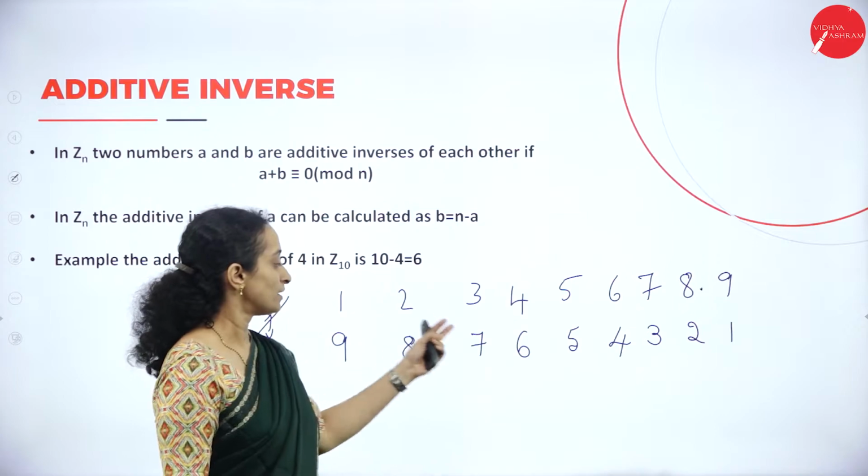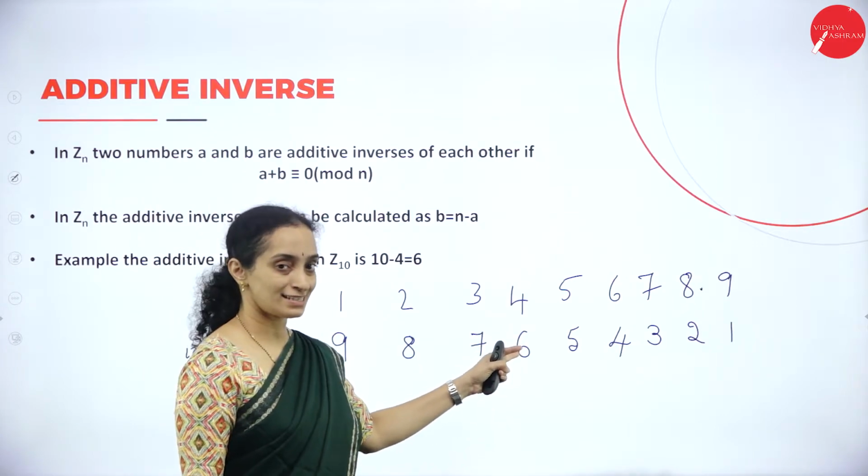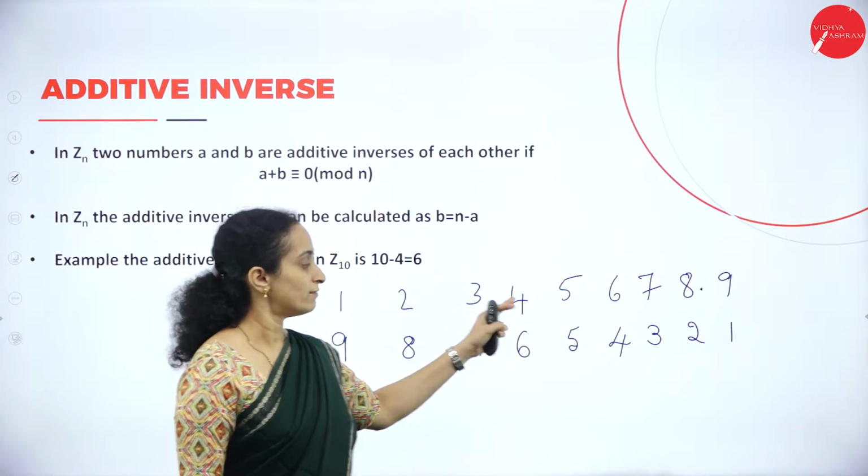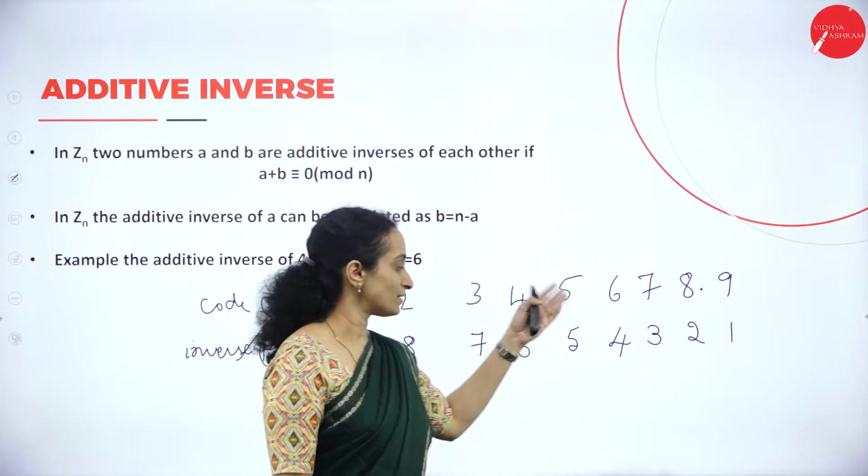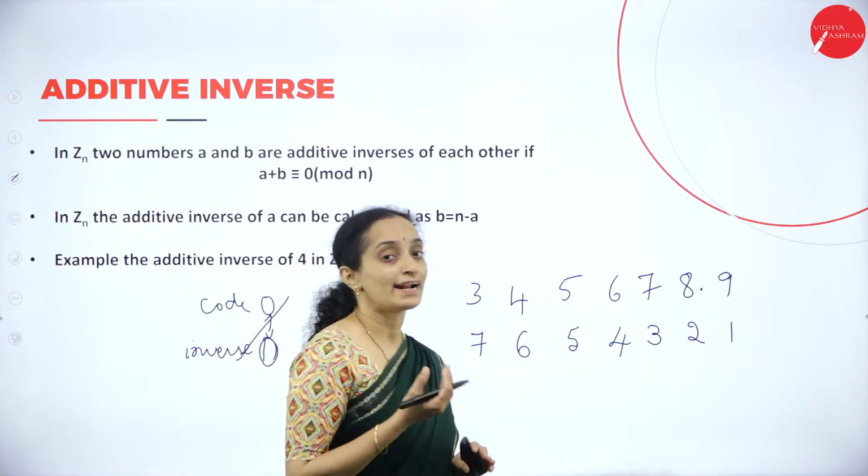Like this, 6 is the additive inverse of 4, whereas 4 is the additive inverse of 6. So, this is how you can generate an additive inverse.